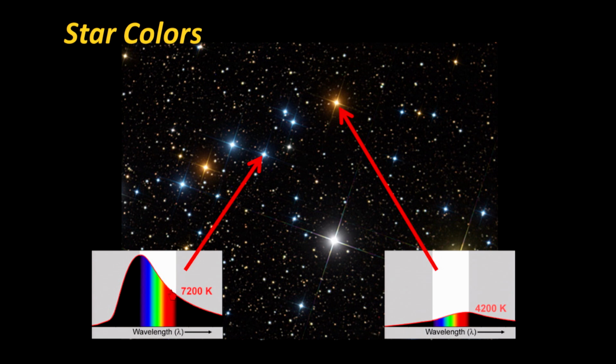So again, your brain has to show you one representative color based on the light that is getting through your eyes. And so the color that your brain shows you is on the bluish side of things. So a star that looks blue is a star that is hotter than a star that looks red.